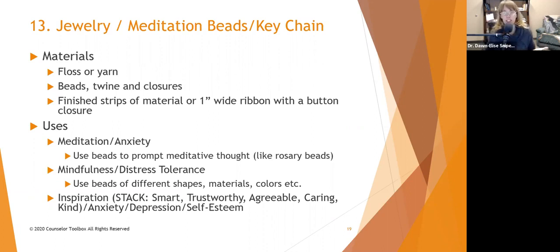What can you use this for? Meditation. If somebody's anxious, if they make a necklace or meditation beads that they can manipulate when they're feeling anxious, sort of like rosary beads, that may help them feel calmer. It's not necessarily about prayer. Sometimes it's about having something to do with that nervous energy.